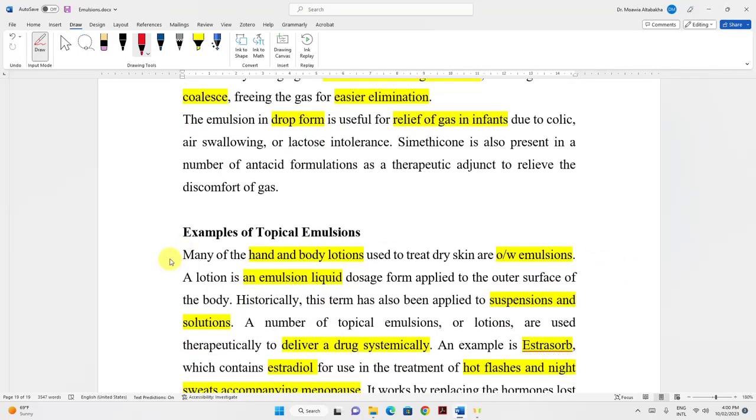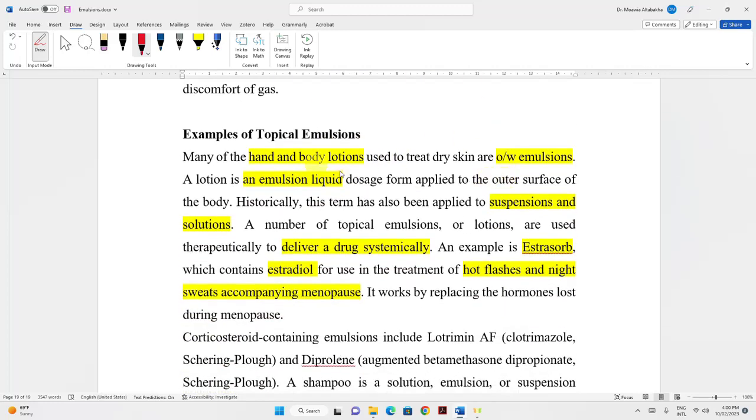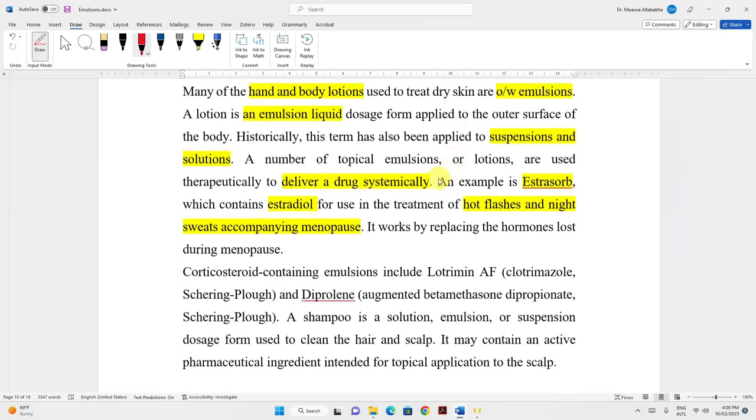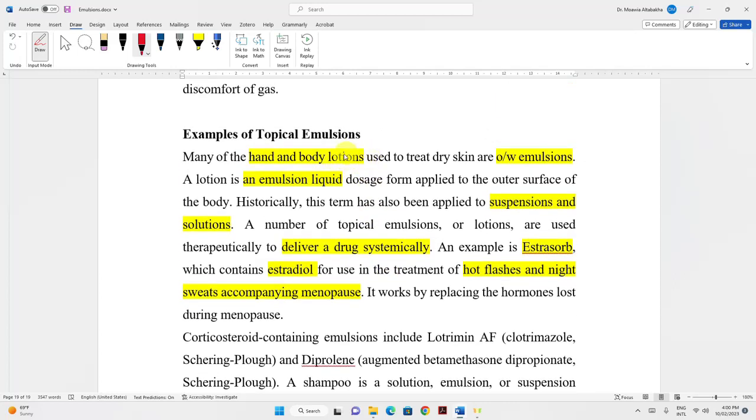Okay, other examples of topical emulsion other than oral, we discussed oral. We have many hand and body lotions in the form of oil in water emulsions. Of course again, when I say lotion, lotion is not only emulsion, it can be solution or suspension even.